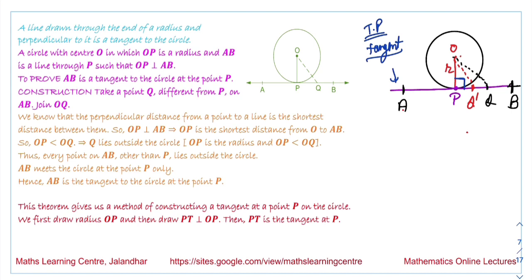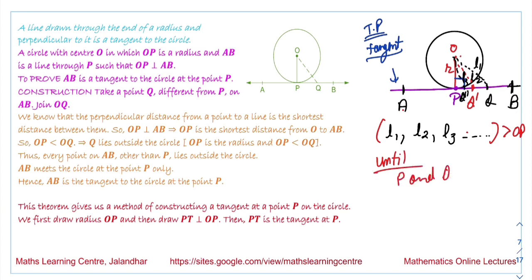Again we have taken another point, say Q dash dash, towards P. So what we see, if the length of the first line is L1, the second line is L2, the third line is L3, and so on, all these lengths are greater than the length OP until P and Q coincide.